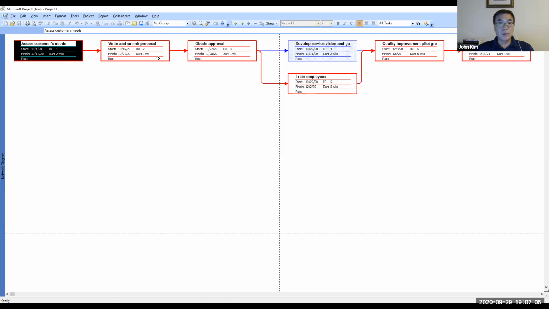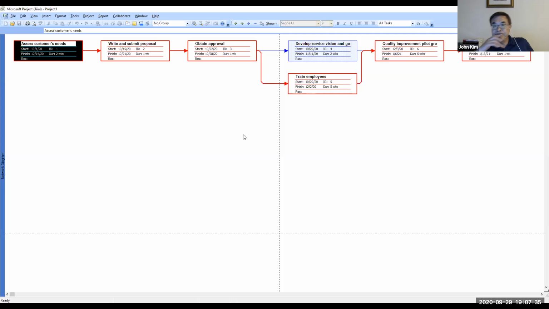So there are 2 possible paths, and the red one is the critical path. I have this program, Microsoft Project, but I cannot share it because it is licensed. Just to show you how it works.